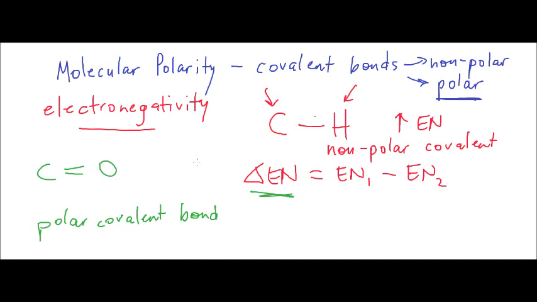But what we have is a polar covalent bond, and if we look at the electronegativity, oxygen has the higher electronegativity number. I don't think it's a wise choice to memorize this; you can find it on a periodic table.